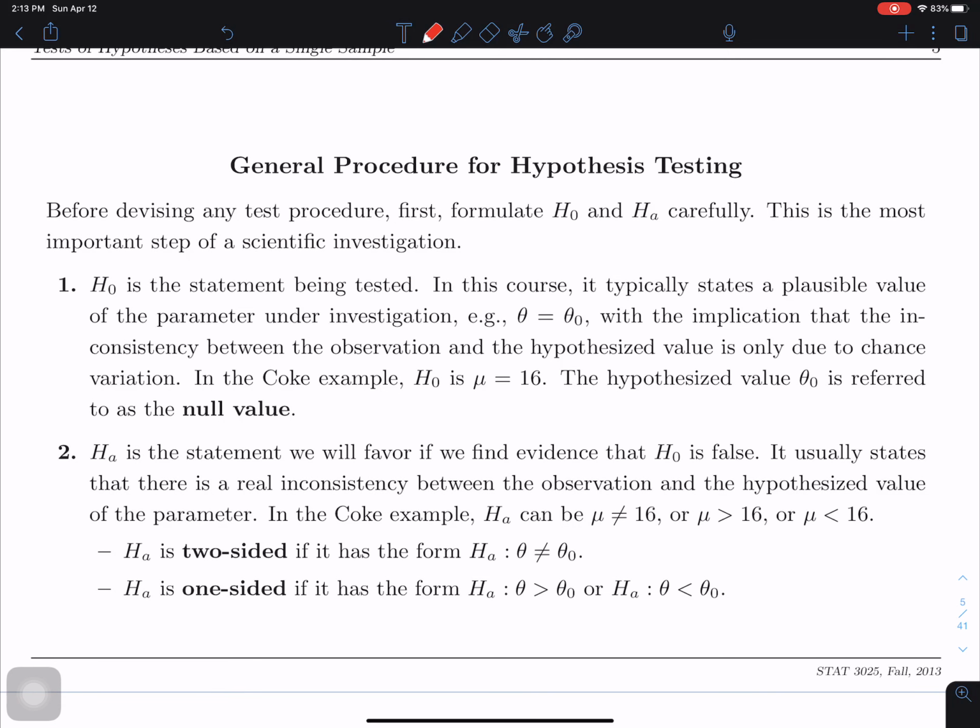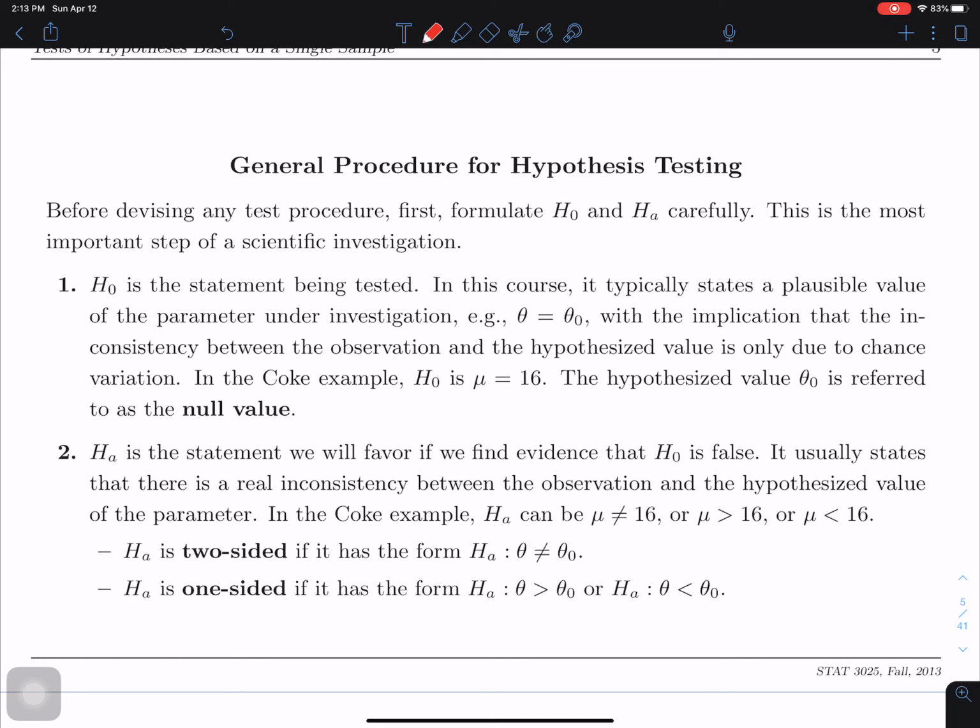And let's introduce the general procedure for hypothesis testing. Before devising any test procedure, first of all, you need to formulate H0 and HA carefully, and this is the most important step of a scientific investigation.